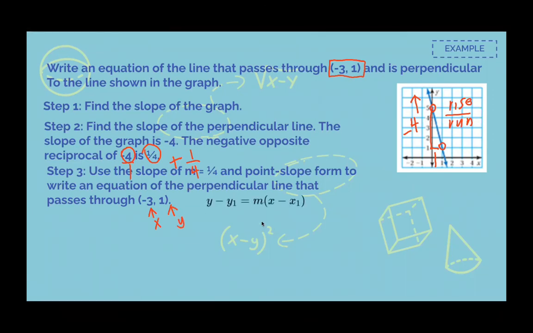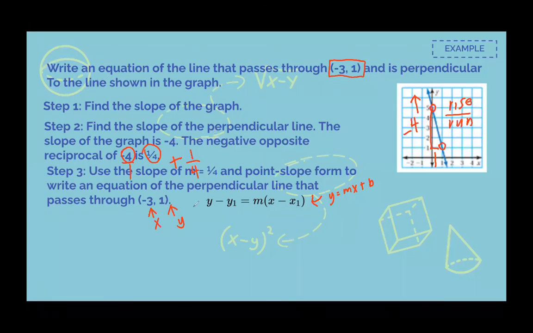I'll use point slope form in this situation. Again, you can use slope-intercept form, y equals mx plus b, or point slope form, which is this. Whatever you find easier for you, go ahead and use that. For this one, I'll use point slope form.